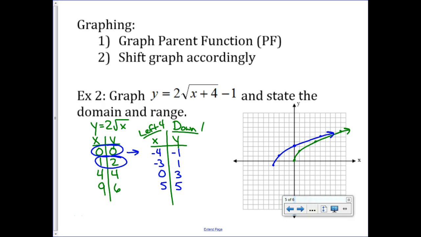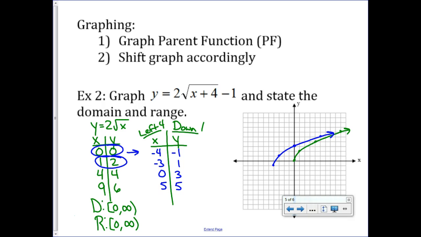Okay, it also said to state the domain and range. So for my original one, domain, what am I plugging in? Well, I'm not plugging in anything smaller than 0, so 0 all the way up to infinity. For my range, again, I'm not going to get anything smaller than 0 out, but it does go all the way up to infinity, and you can see that represented in the graph.